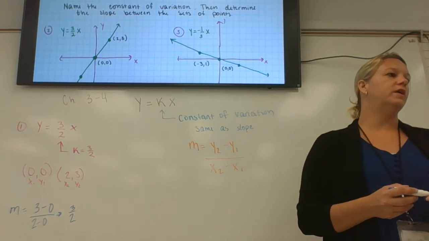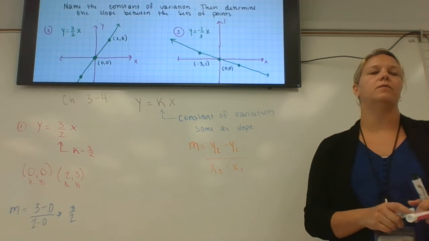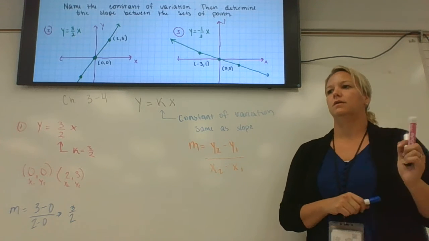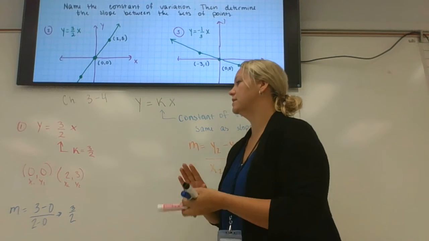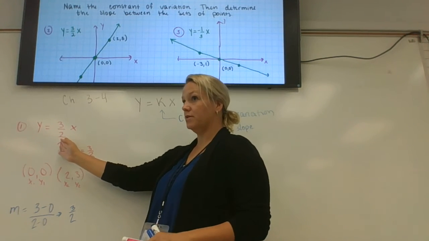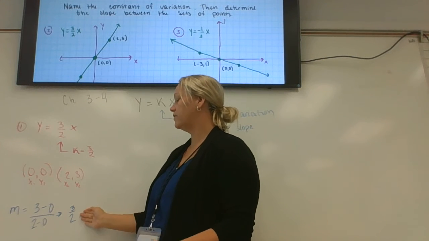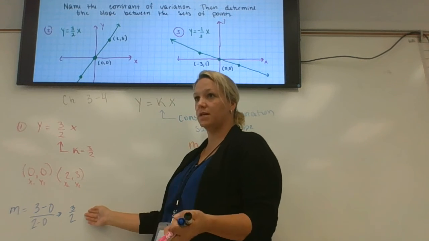So the point of this, and this is exactly what was your homework Monday in the workbook, is just for you to realize that the value in the equation and the value that you get when you do the formula is the same.